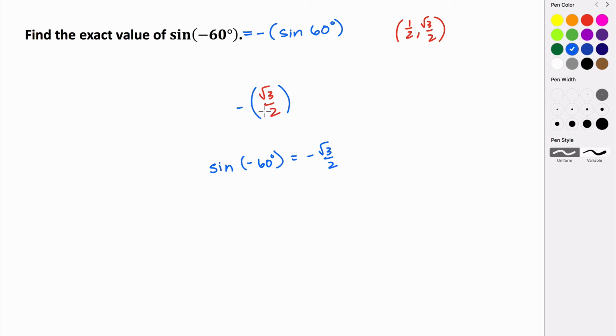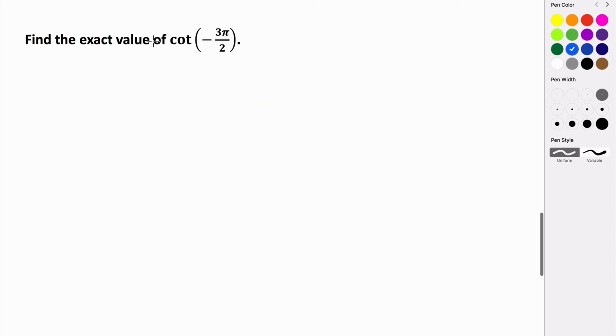Let's take a look at another example. We want to find the exact value of the cotangent at negative 3 pi over 2. Again, this is an odd function, so it would be the opposite of the cotangent at positive 3 pi over 2. 3 pi over 2 on the unit circle is down here, with ordered pair 0, negative 1.